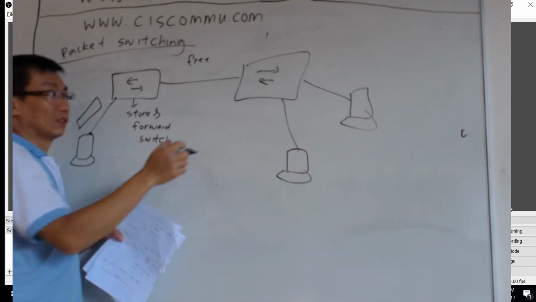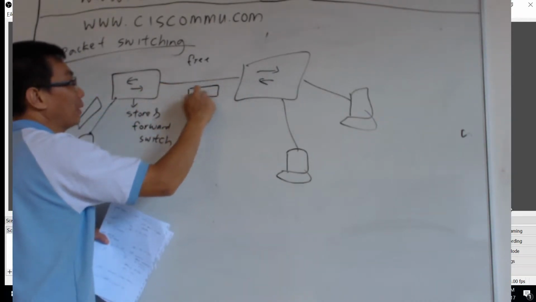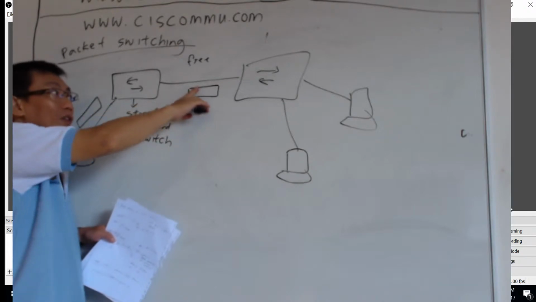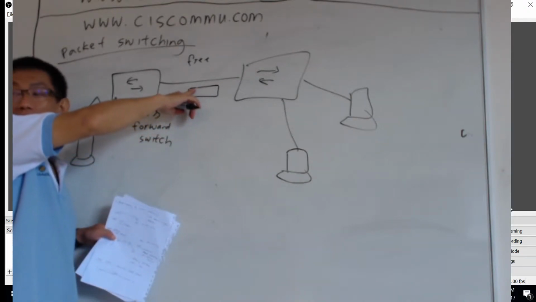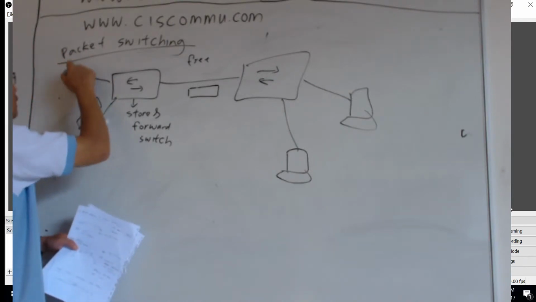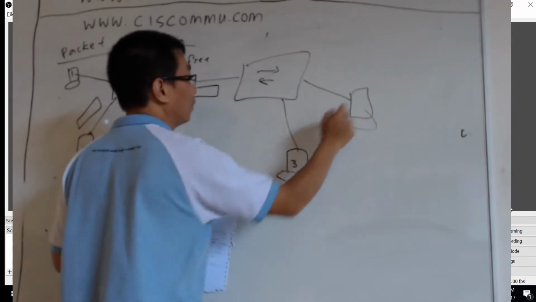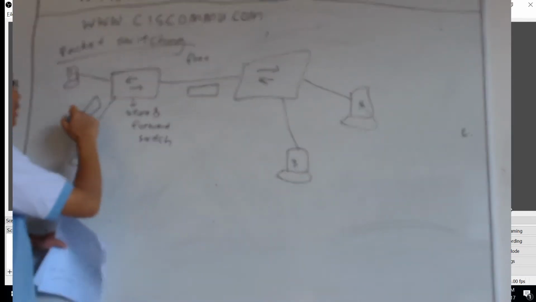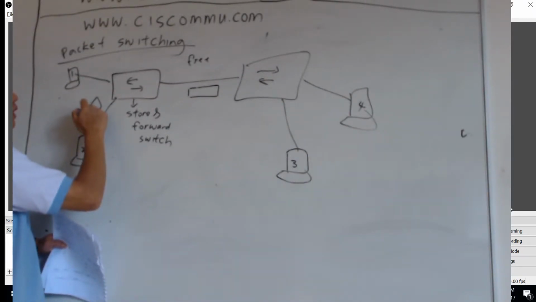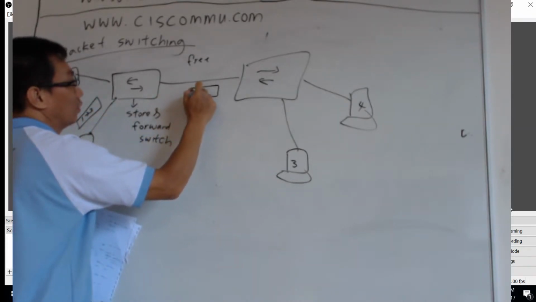So you can send another packet, and it can be used by some other devices. Let's say here is 1 and 2, and this is 3 and 4. This one can be 1 to 3, and this one can be 2 to 4.